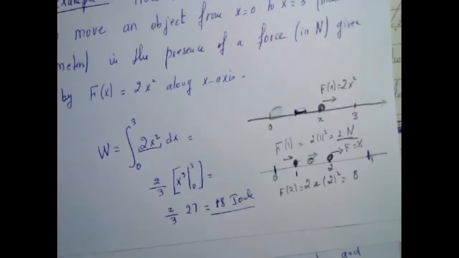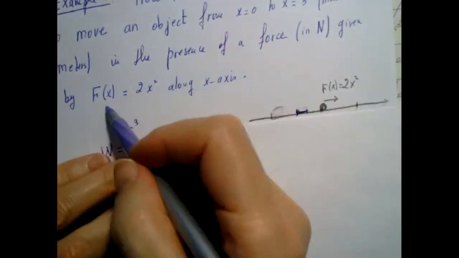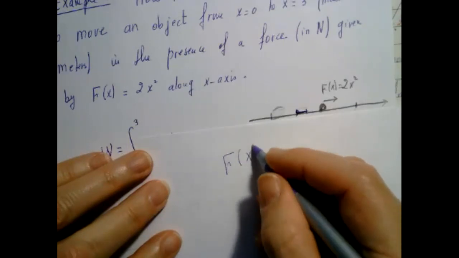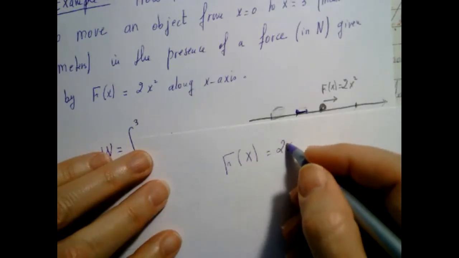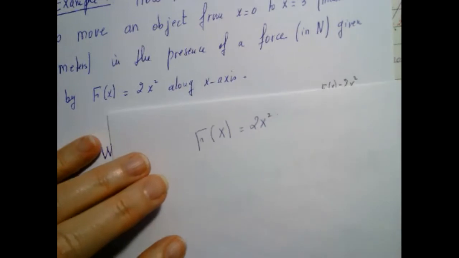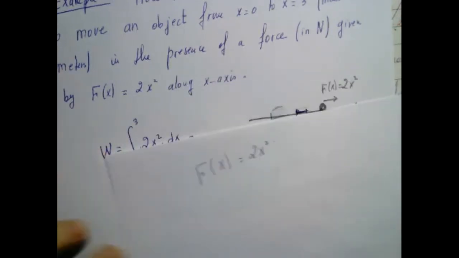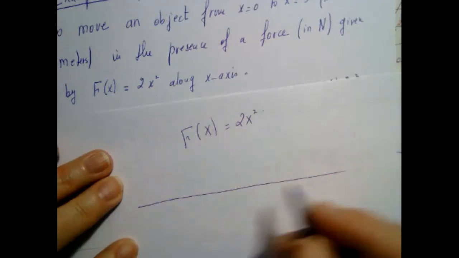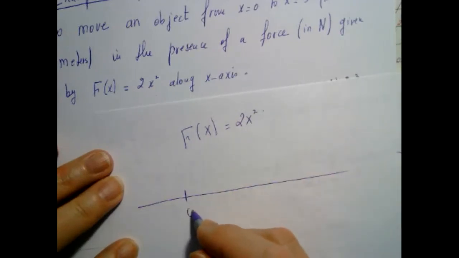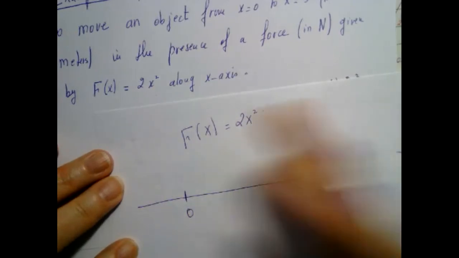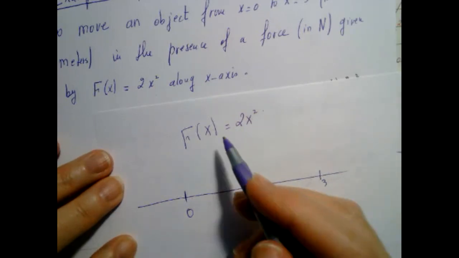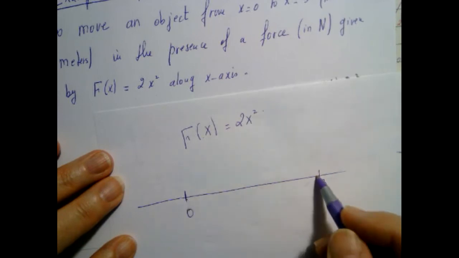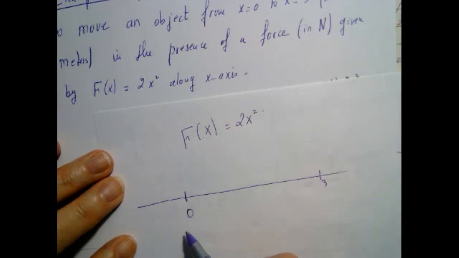Yeah. Okay. The idea is to understand what this f of x means. They are telling you that the force is 2x squared. And the goal is, what does this mean to you? It means the following. I'm moving an object from 0 to 3. Imagine you're moving this object, but the force changes with where my object is.